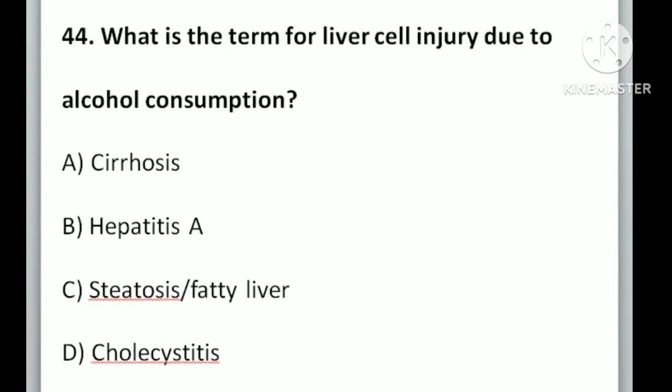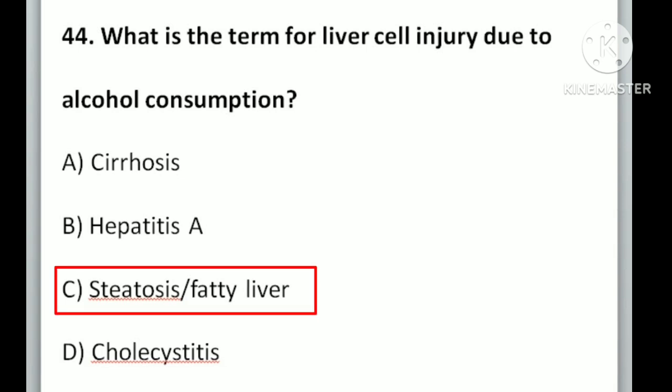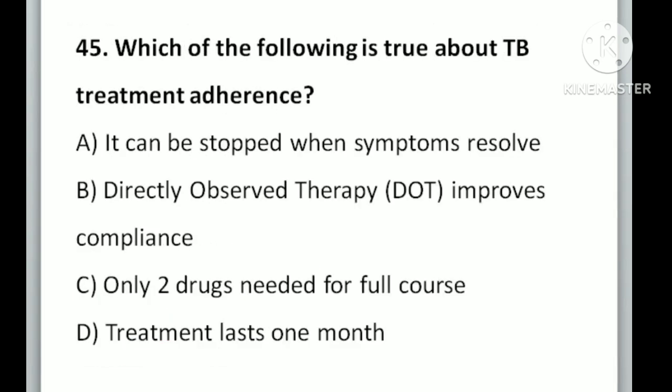44. What is the term for liver cell injury due to alcohol consumption? Correct option is C. Steatosis, fatty liver. 45. Which of the following is true about TB treatment adherence?